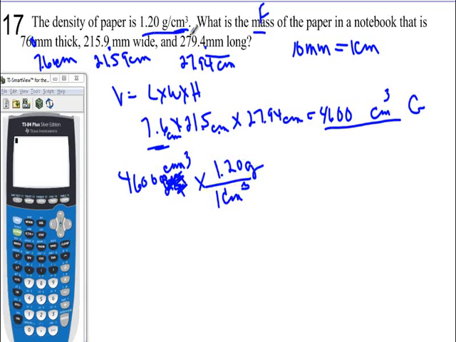It doesn't specify what unit to give me mass in, so grams is fine. So it's just simply going to be 4,600 times 1.2, and I get 5,500 grams of paper. Okay, let's try another.